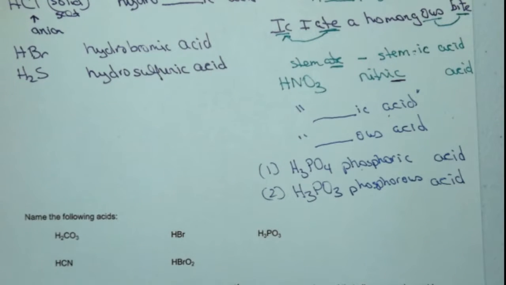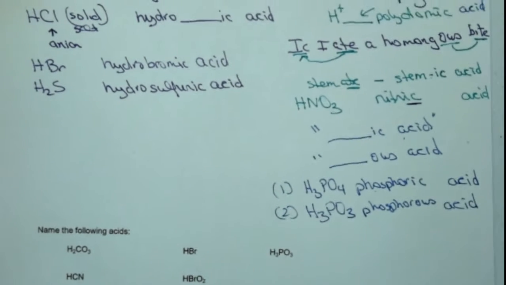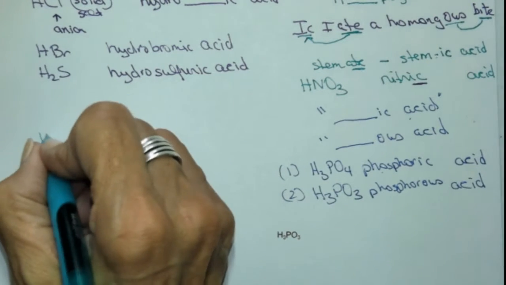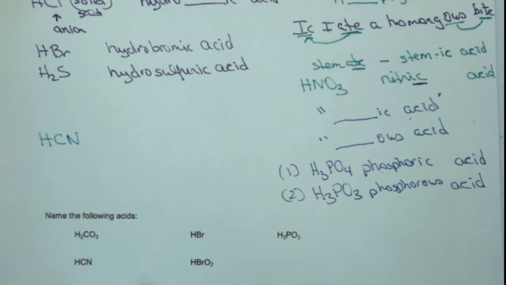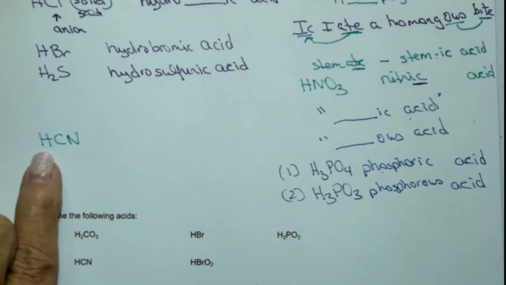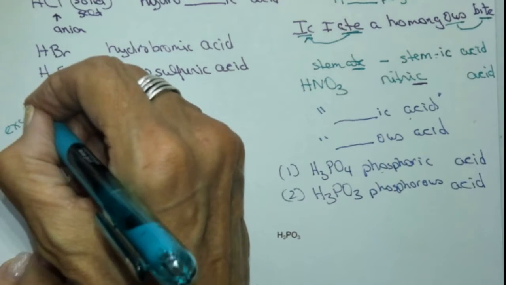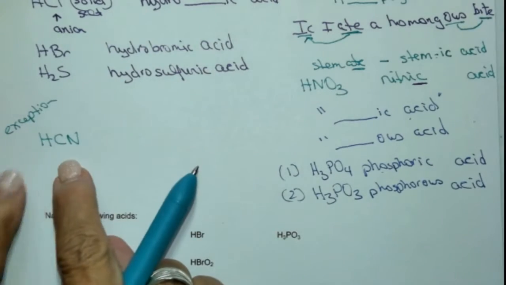Another example. Now there are some exceptions, of course. For example, HCN. I see that this has more than two elements.